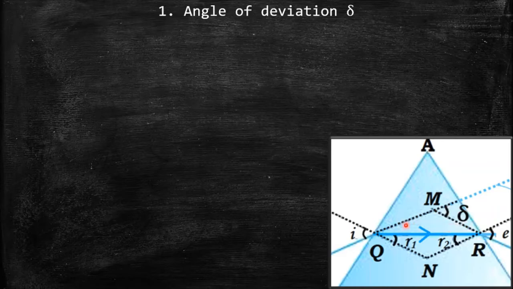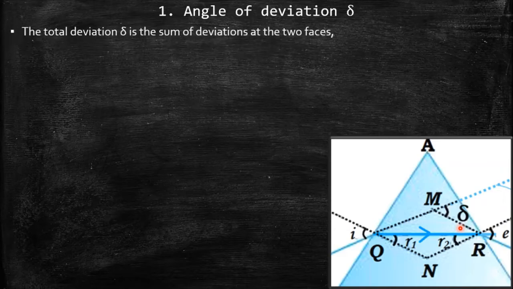Now, what do you think are the remote interior angles? Obviously, this is going to be the first remote interior angle and this is going to be the second remote interior angle, correct? Now, let us try to find out what exactly it is.